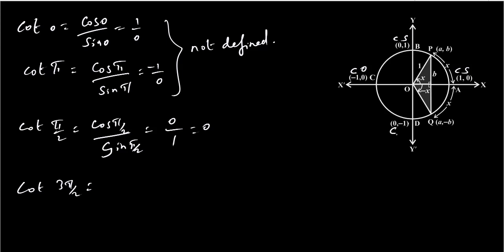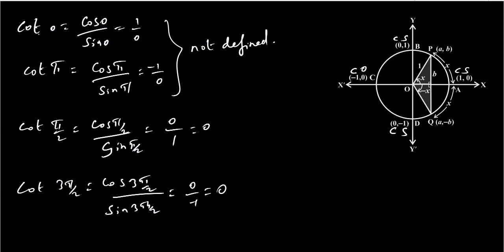Cos 3 pi by 2 by sin 3 pi by 2: cos 3 pi by 2 is 0 and sin 3 pi by 2 is minus 1. So 0 by anything becomes 0.